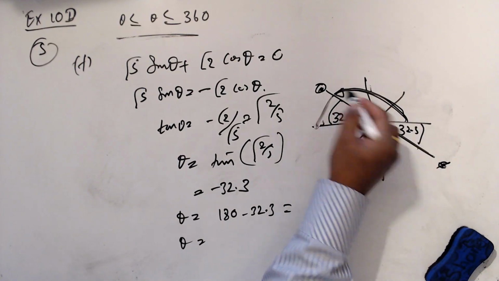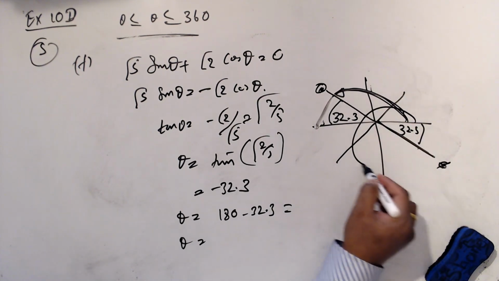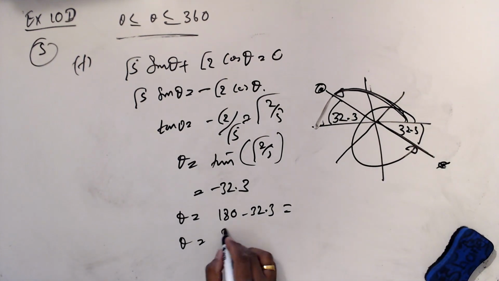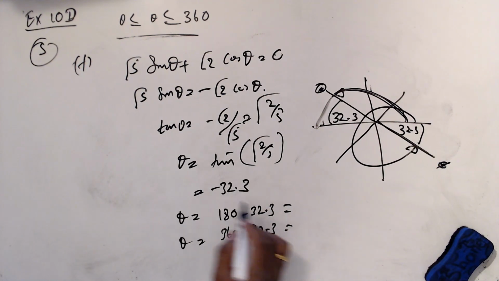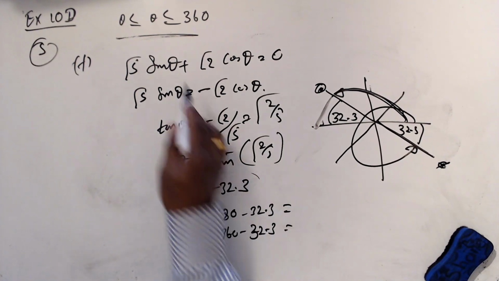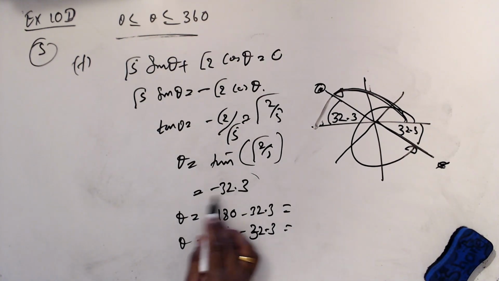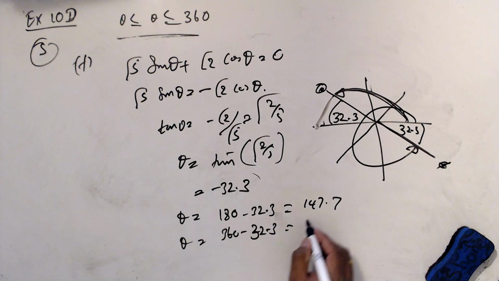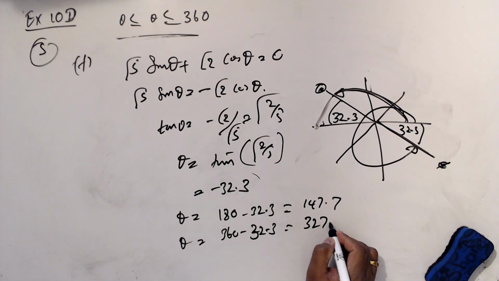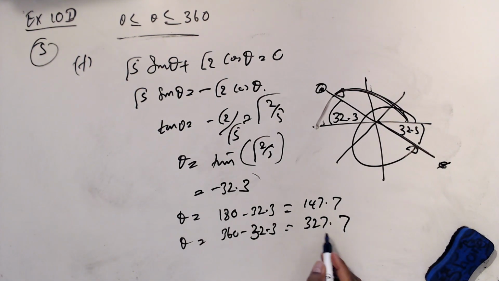One is done, the other one, this one, 360 minus 32.3. This is not the answer because, although it is an answer, it is out of range. 327.7, this one. Those are the two angles.